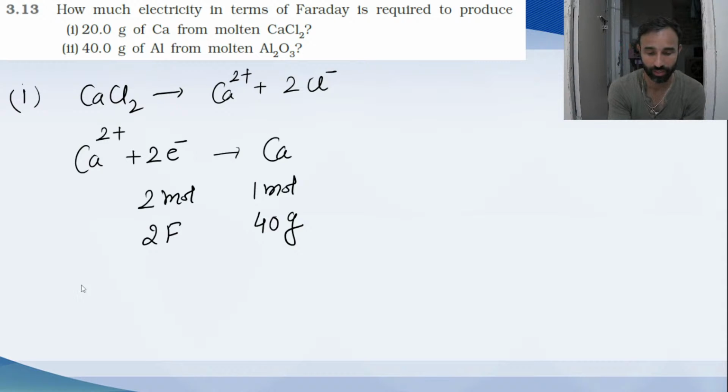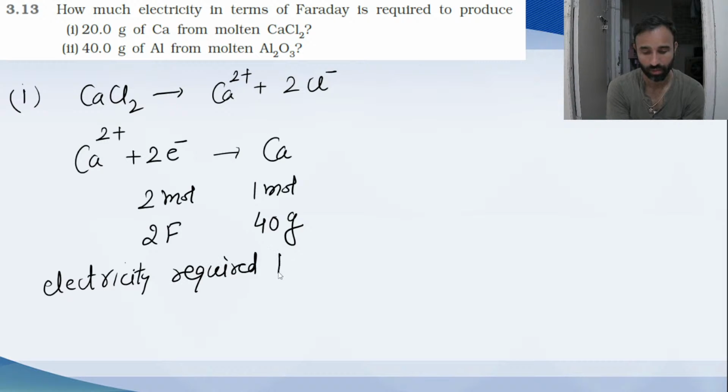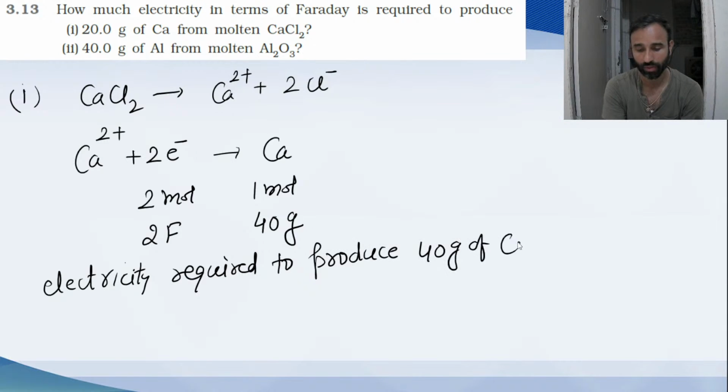Just write it in terms of Faraday. Electricity required to produce 40 gram of calcium is equal to 2 Faraday.